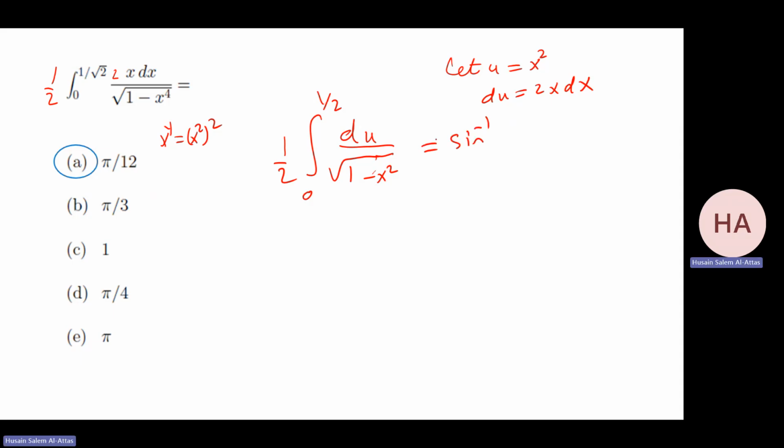That will be sine inverse of u, from 0 to half. Don't forget the half. That will be half times pi over 3... pi over 6. Sine inverse of half, sine is half, that's pi over 6, and that will be pi over 12, which is this one.